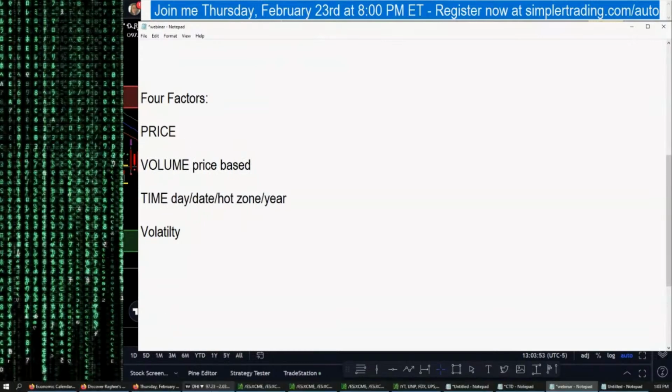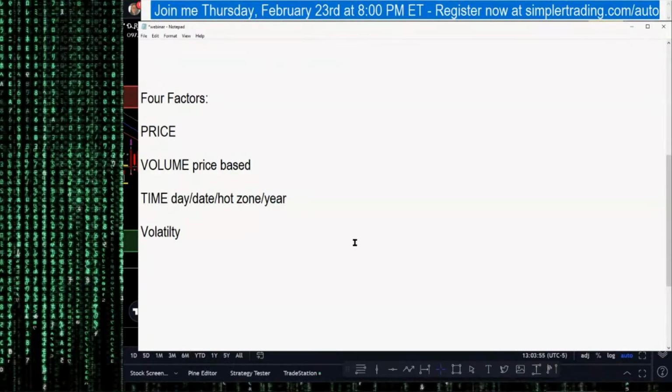One thing led to the other, right? Getting curious about volume got me curious about time or date based volume and then price based volume. And most people don't use price based volume.